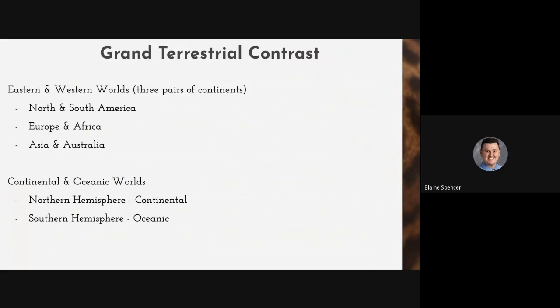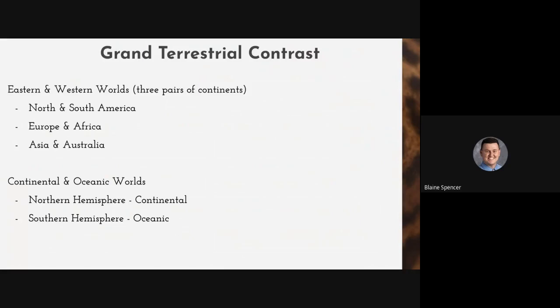We also see that another way you can identify and contrast the land masses is by continental and oceanic worlds. What do I mean by that? We'll get into this later in this lesson, but continental is going to be mainly in the northern hemisphere.